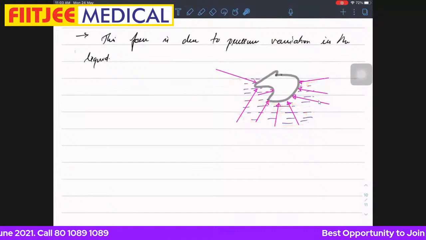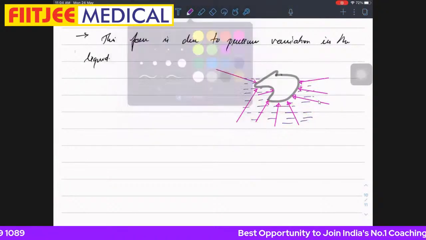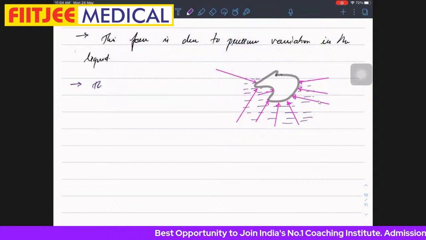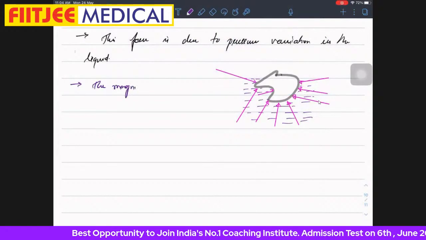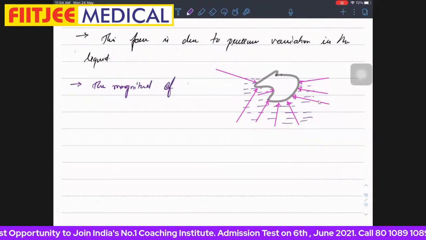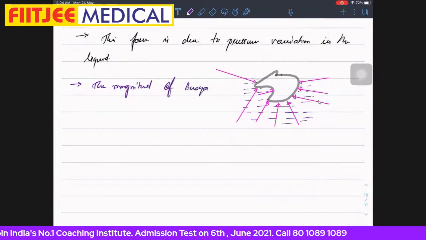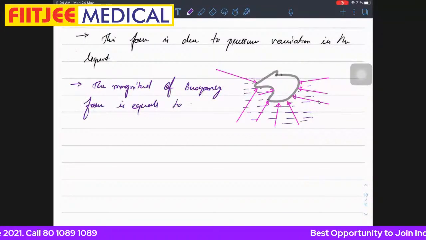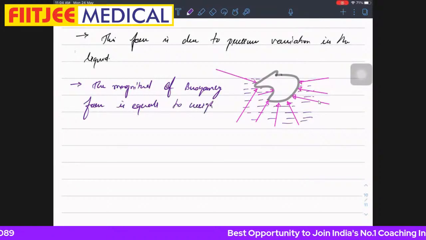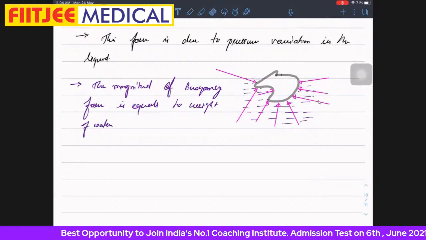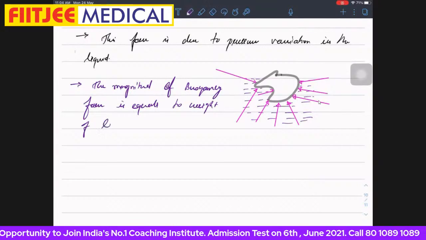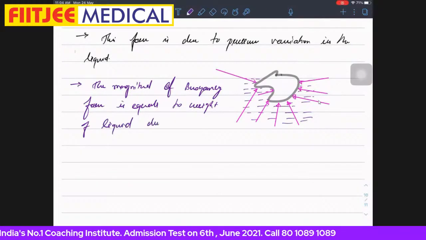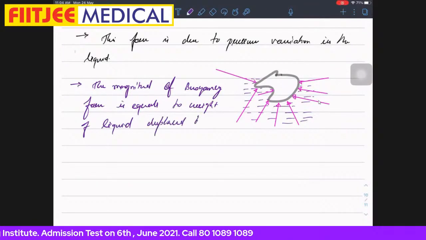So what is the value of the buoyancy force? The magnitude of the buoyancy force is equal to the weight of the liquid displaced by the object.